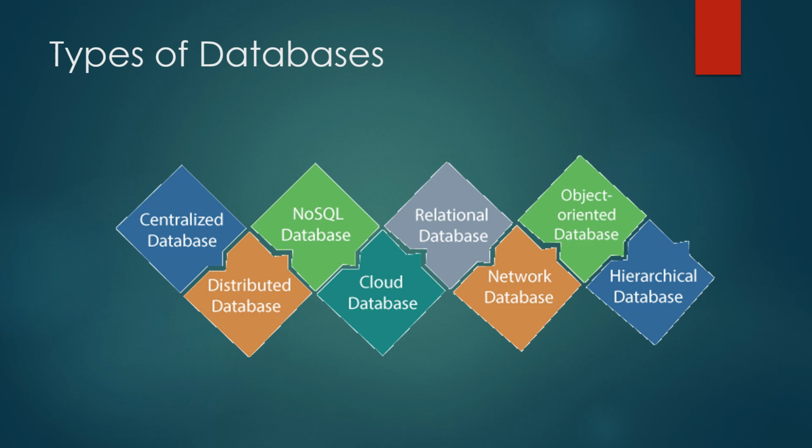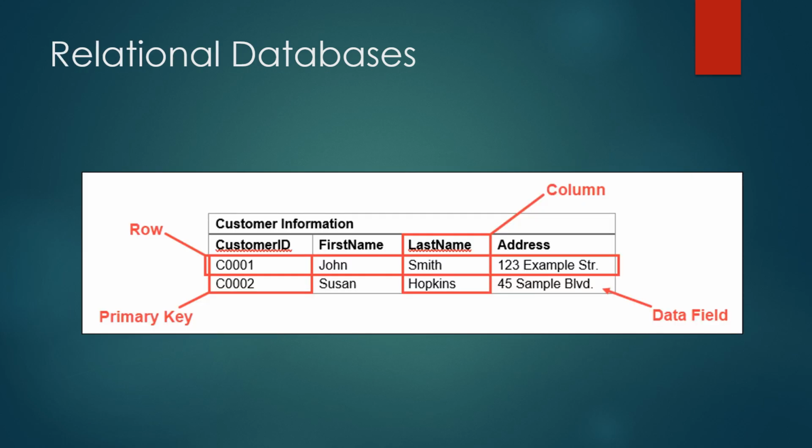Now we're going to focus on relational databases, and we'll be using MySQL for our projects and demos. Okay, so let's talk about the different parts of a relational database. Tables are an essential object in a relational database because they hold all the information, or the data.